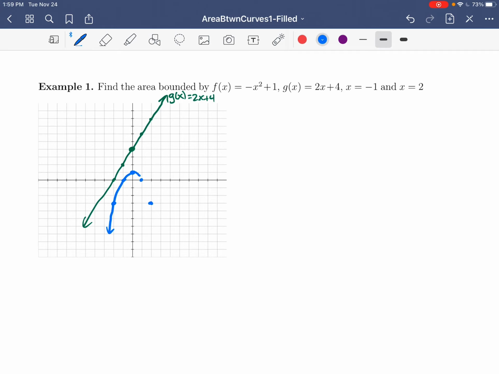Now having drawn the graphs, we can see which one is bigger. Looking at negative 1 to 2, we want that area there. I'm going to highlight it in yellow here.